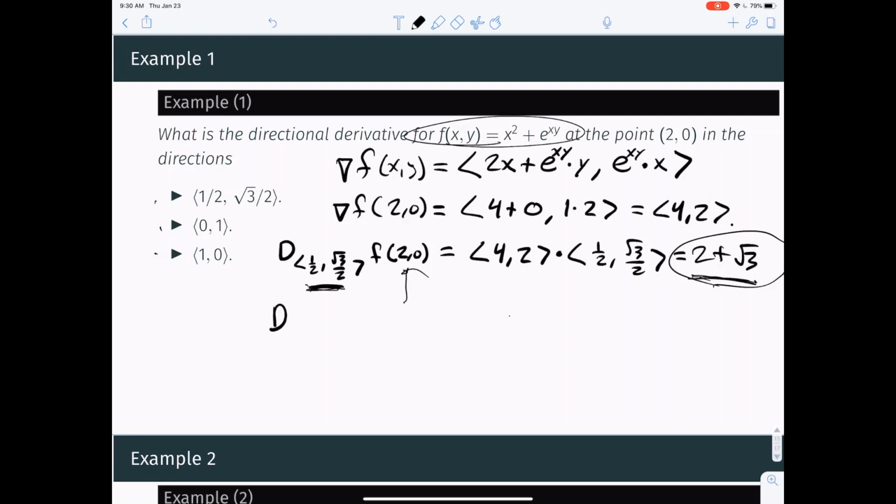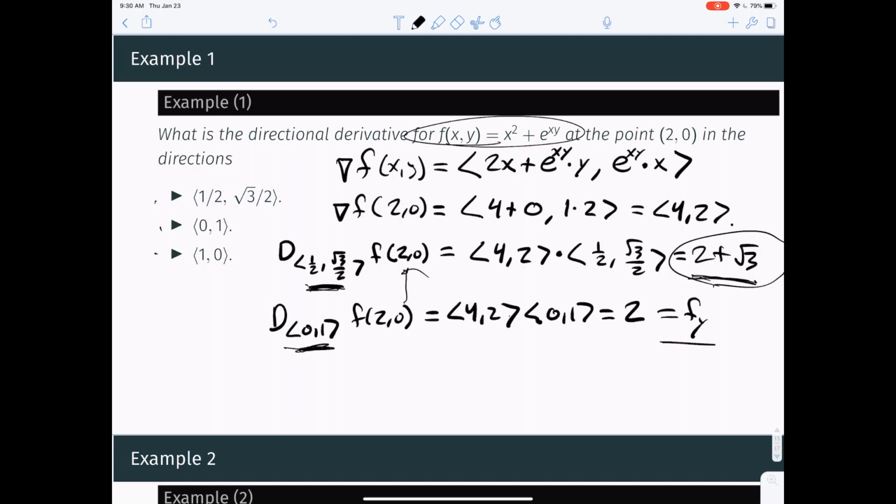Okay, then it says, how about the direction 0, 1? Well, 0, 1 is the y direction. So this should actually be 2, which is the y partial derivative. So if you do the directional derivative in the y direction, you're going to get the y partial derivative.